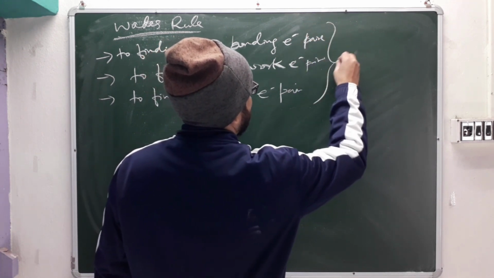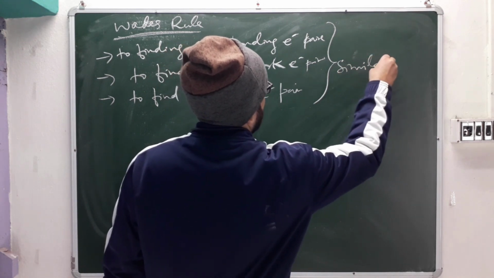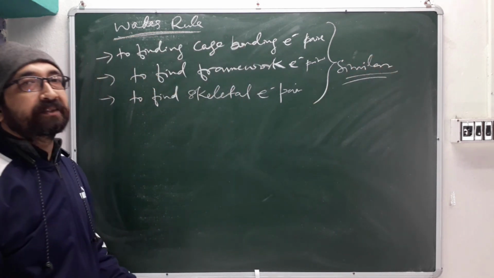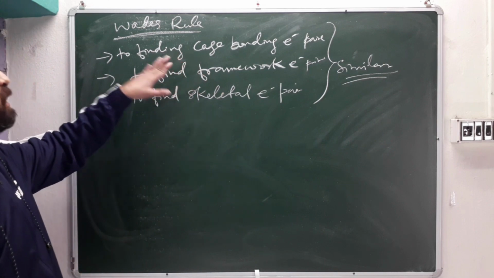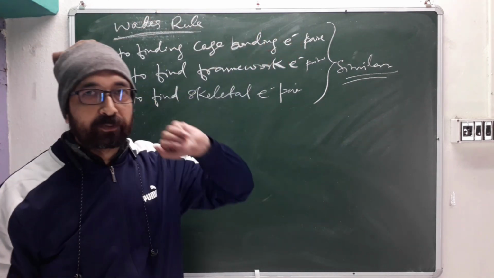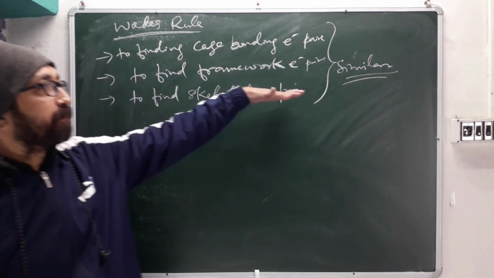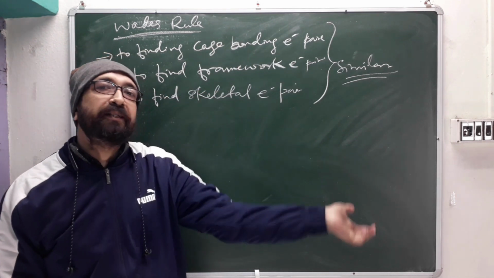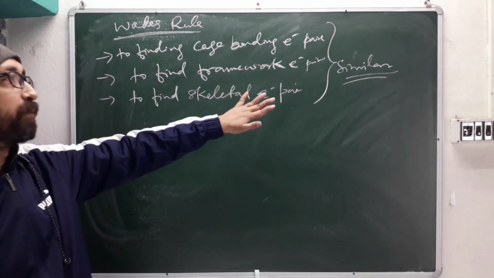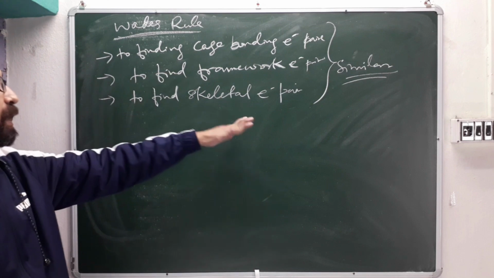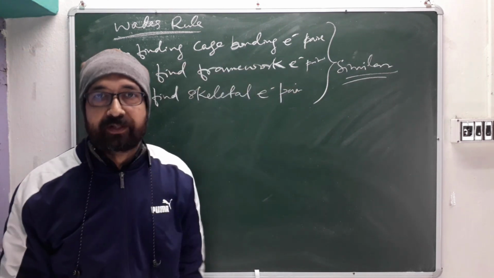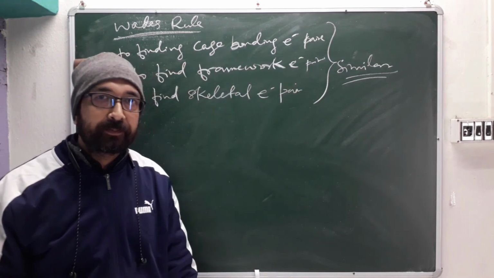See, all are similar, so in questions they can ask using different names. Maybe they will ask to find the cage bonding electron pair, or what the framework electron pair is, or the skeletal electron pair. All are similar.